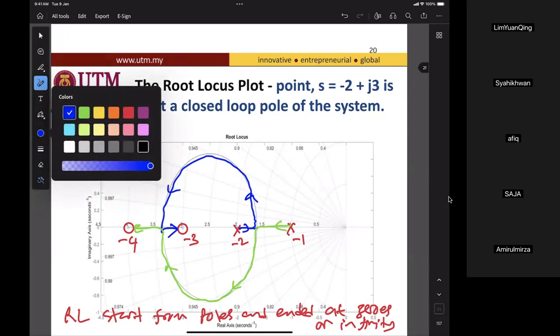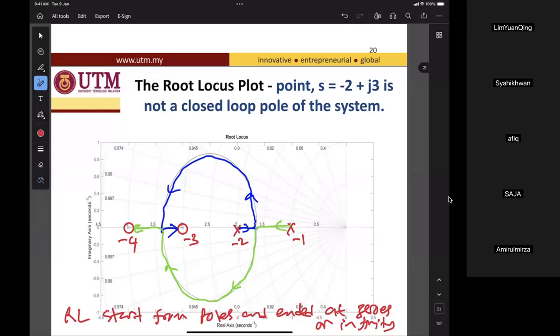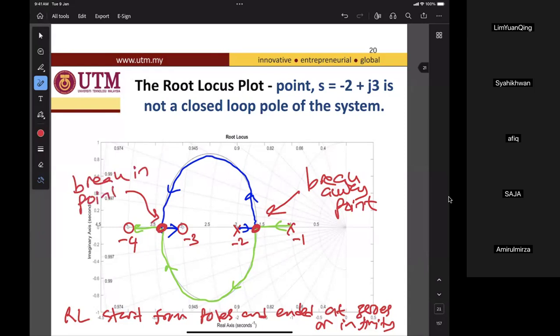So bear in mind, we have two break points, which are over here and over here. This one is the breakaway point, and this one is the break-in point. Breakaway, break-in. What is the difference?